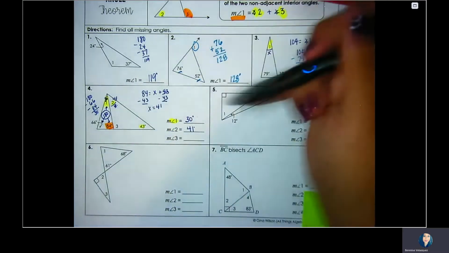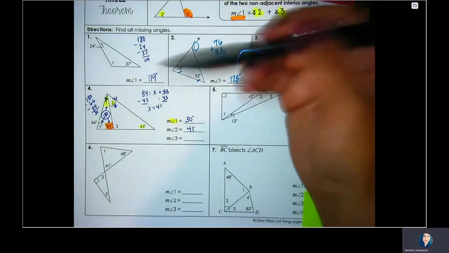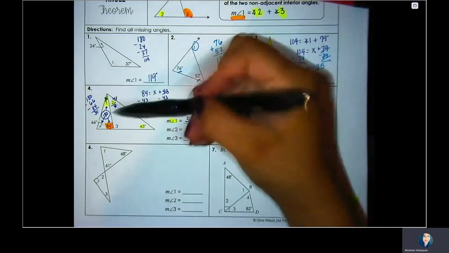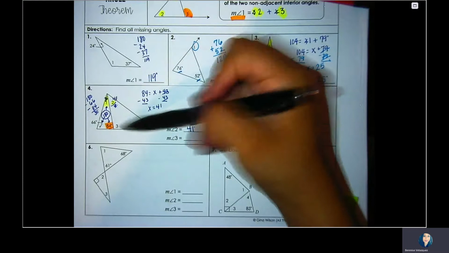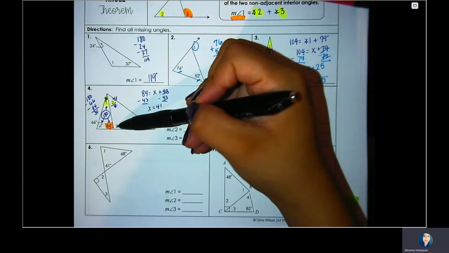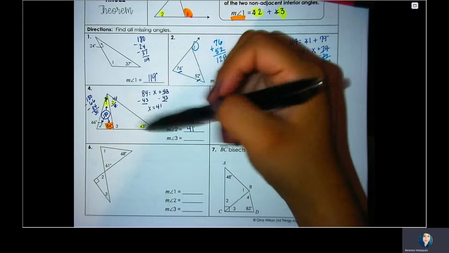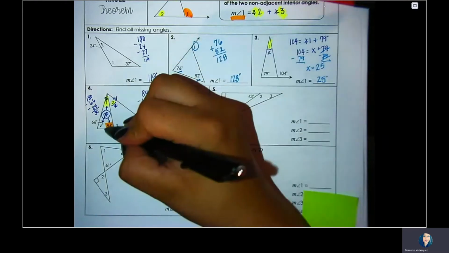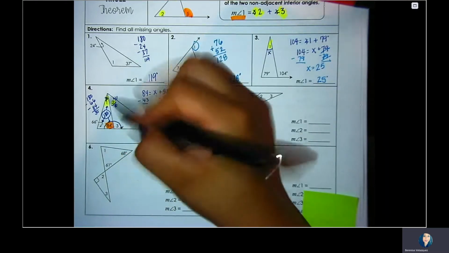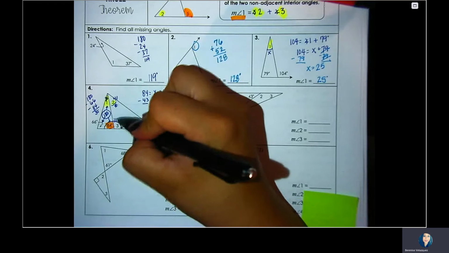Okay, and then we have one last one. There's a few ways you can do this. You could say 41 and 43 can get subtracted from 180 to get this one, like the way we did this one here. Now that you know 41, you can do that. You could also say, well, this is a straight line, this is 180 degrees.